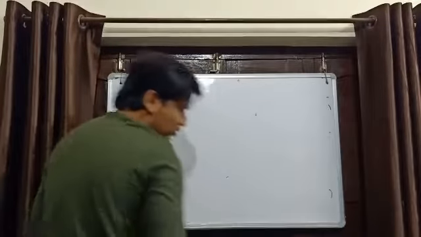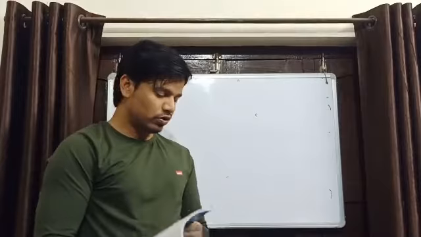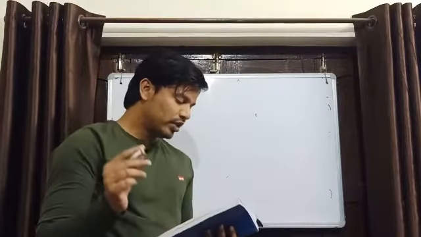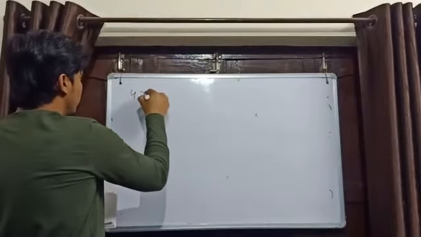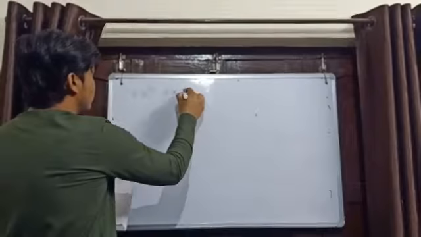Let's proceed to Exercise 2.1 of class 9. The first question is: which of the following expressions are polynomials in one variable and which are not? State reason for your answer. First is 4x square minus 3x plus 7.